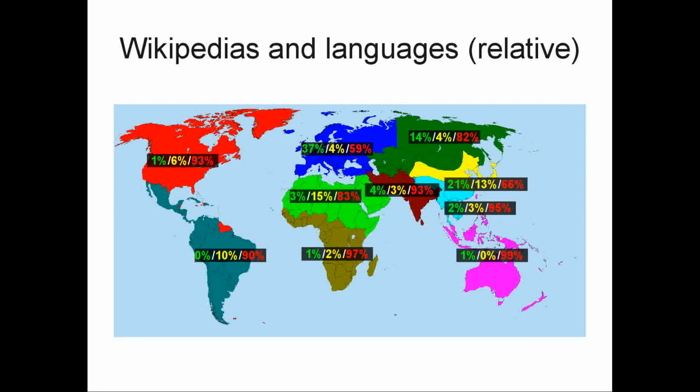There are not a lot of languages in East Asia. North America and Europe are well developed, and we have the Southern Hemisphere with between 0 and 1% of languages covered by Wikimedia projects, and also the Southern Hemisphere with most of the languages in the world.